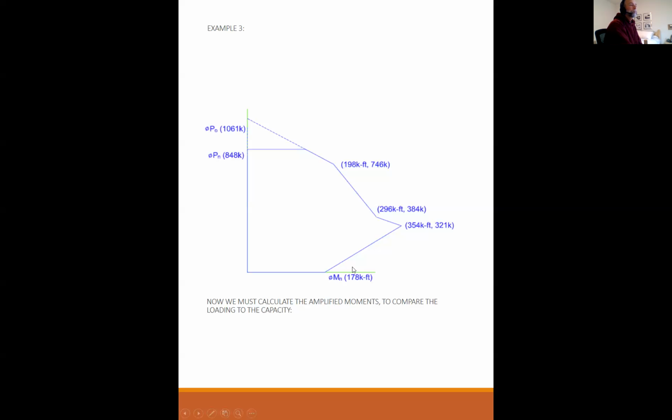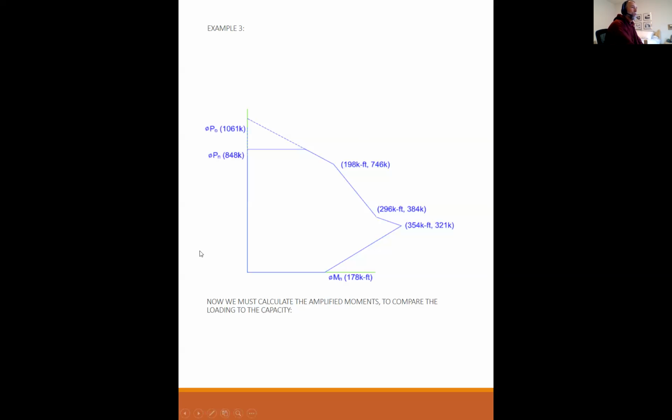Okay, so now that we have this diagram, now we must calculate the amplified moments to compare the loading to the capacity. So again, in the most basic sense, capacity-based design is always about comparing a reduced capacity to an amplified loading.